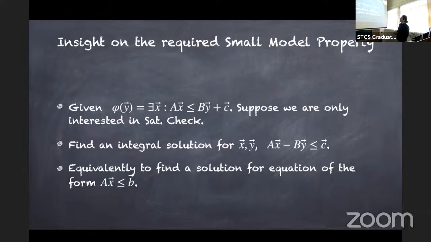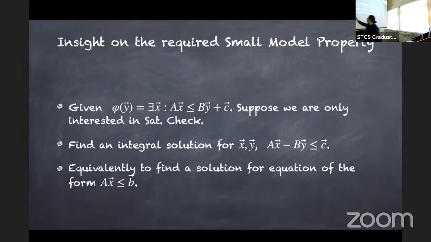Suppose we are only interested in satisfiability. We have this formula, and we just want to know what the satisfying assignments are. Then we have to find an integral solution for x and y, equivalent to finding a solution for this equation.